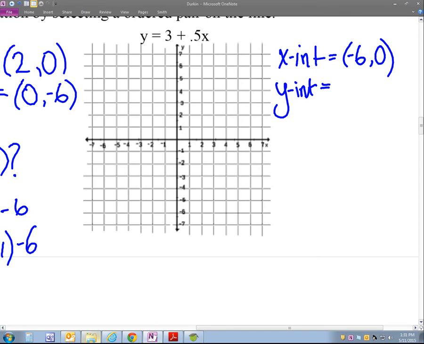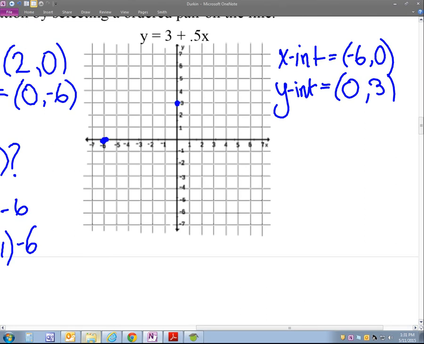What is the y-intercept of y equals 3 plus 0.5x? It's 0, 3. Okay, so let's plot those points. We have -6, 0 and 0, 3.